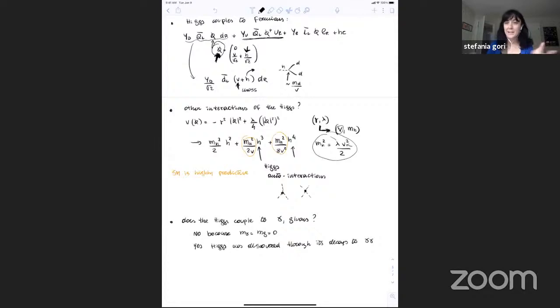So we have to understand how to generate this coupling. In fact, the right answer is yes, just that we need to go beyond the tree level in perturbation theory.